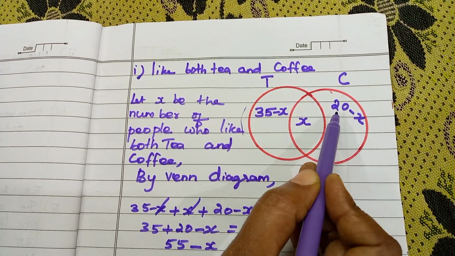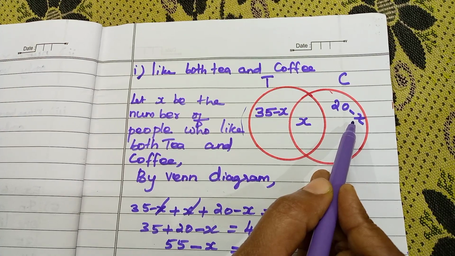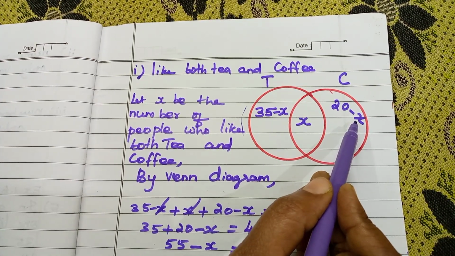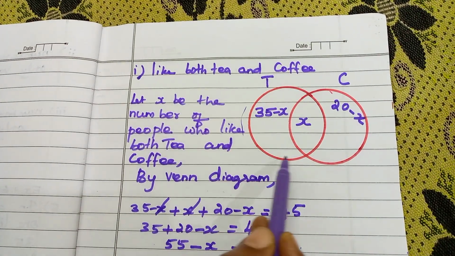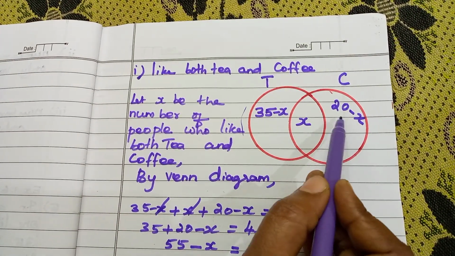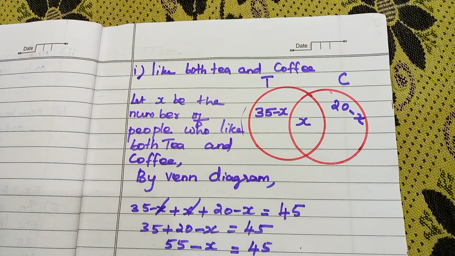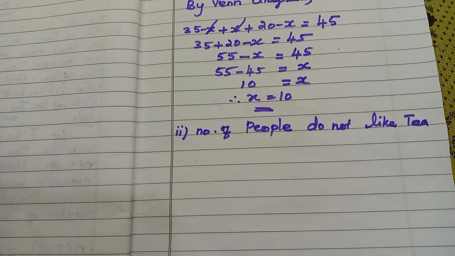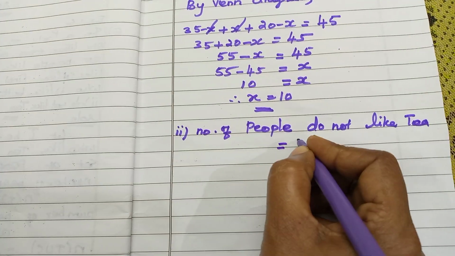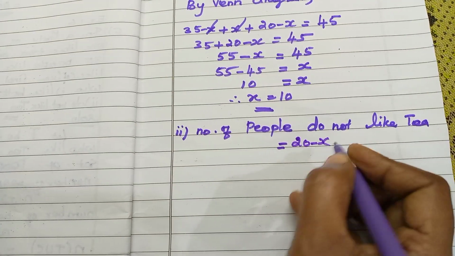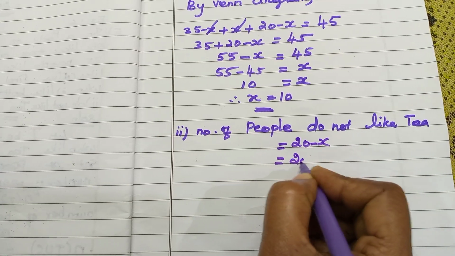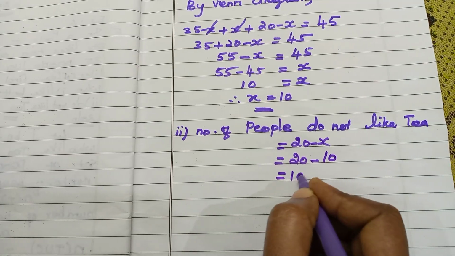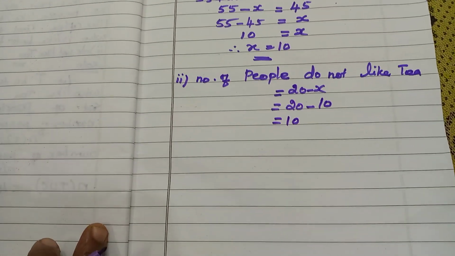The remaining is 20 minus x. Understand, students? This 20 minus x alone we have to take. So the number of people who do not like tea is, from the Venn diagram, 20 minus x, and with the x value 10, when we subtract we get 10.